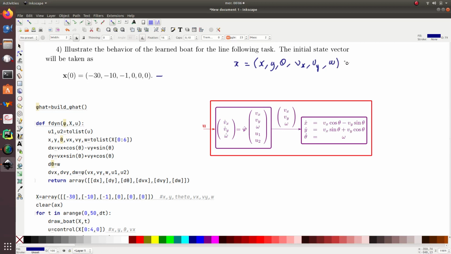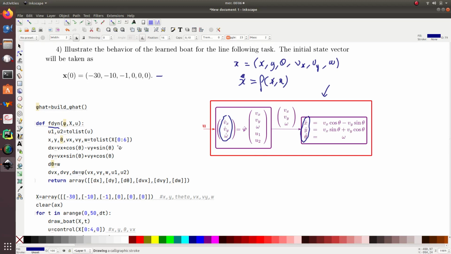I am able to obtain the derivative of x, y, theta, and of vx, vy, and omega thanks to all these formulas. So for the simulation, I will have to express x dot as a function of x and u, and it is this function I call f dynamic, which encloses all.